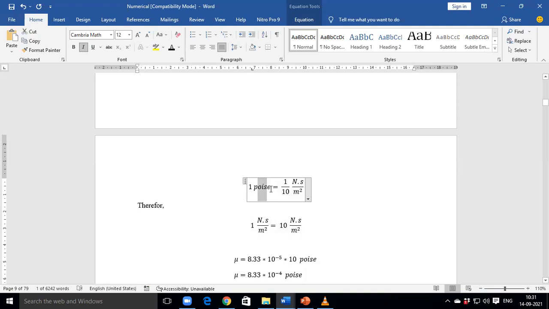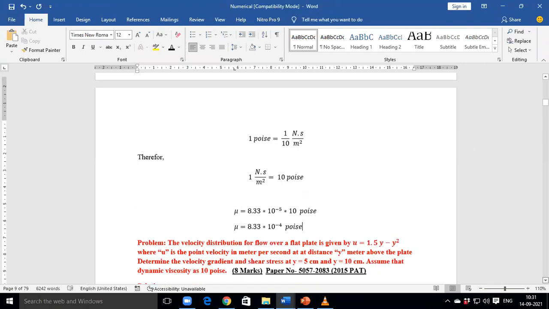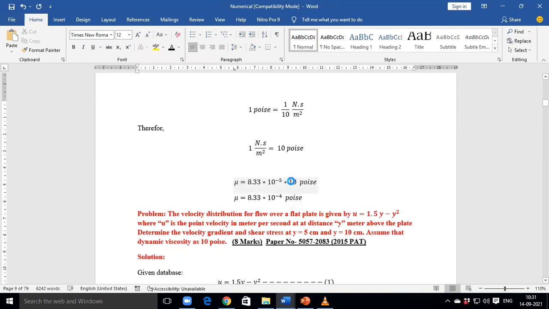So whatever value is coming is multiplied by 10, so that we can convert Newton second per meter square into poise. So 1 Newton second per meter square is equal to 10 poise.